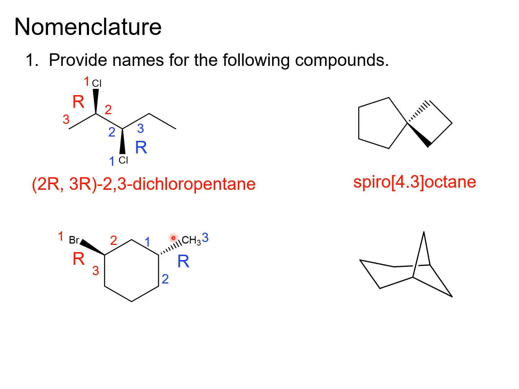Since bromine is going to be first in our name based on alphabetical order, we're going to number that at the 1 position. So I have parentheses, 1R, 3R. That tells me the positions of the bromine and the methyl, and what their configurations are. End parentheses, dash 1 dash bromo, dash 3 dash methyl, and then remember the cyclohexane part.